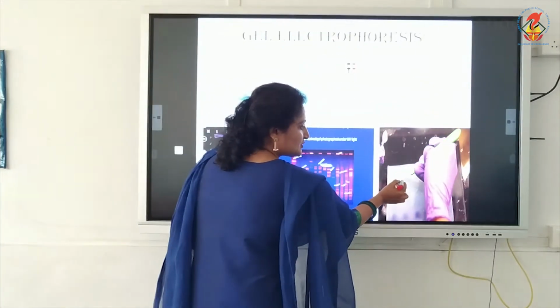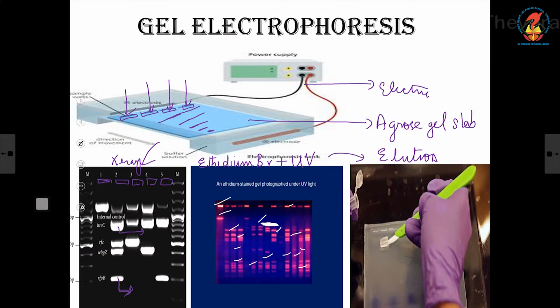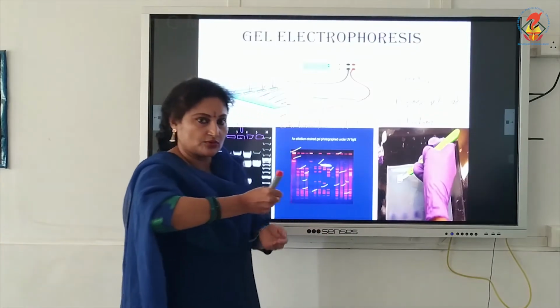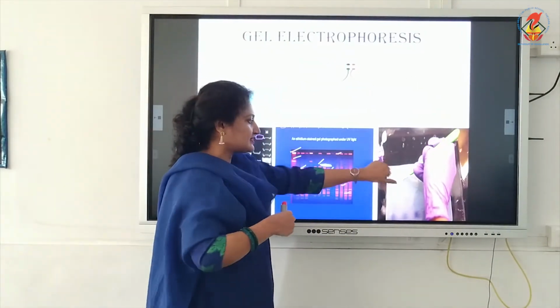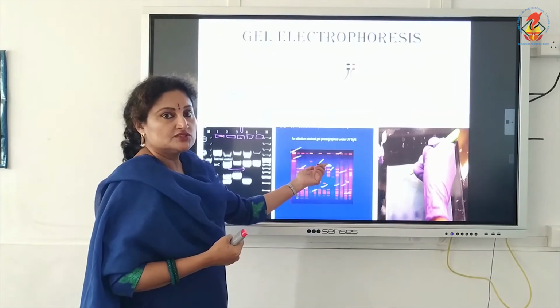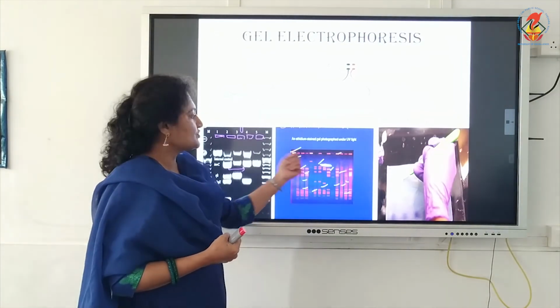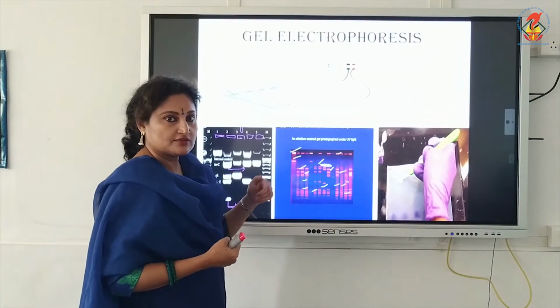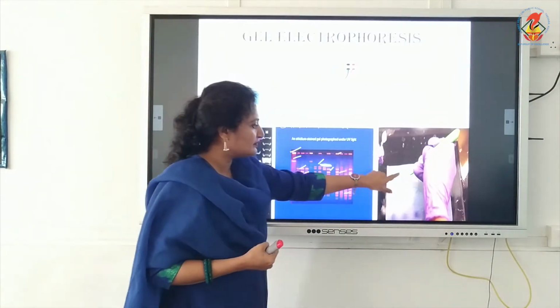See, look at this picture, where that particular fragment is cut out or extracted from the gel. Only where there's the gene of interest, it's cut out. And the gene of interest will be only one, maybe the gene encoding for insulin or a gene encoding for coagulation, etc. So only that is being cut.